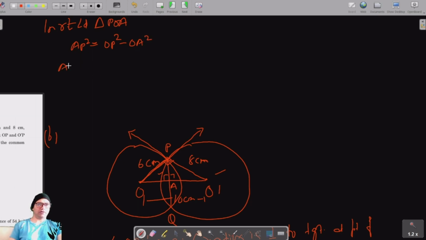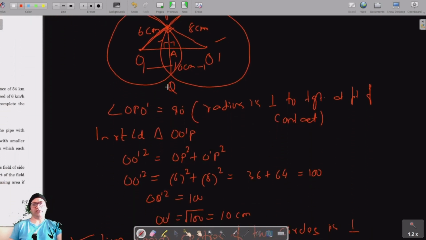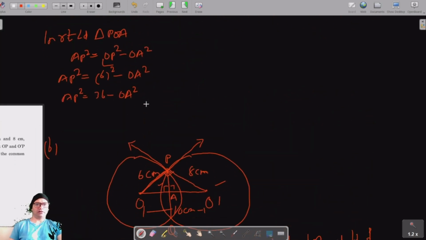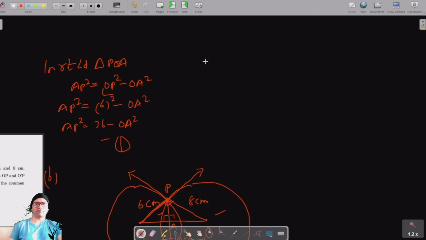Now OB is 6, so this is 6 square minus OA square. So let's keep OA as OA square, which gives us AP square is equal to 36 minus OA square, and let's say this is equation 1.